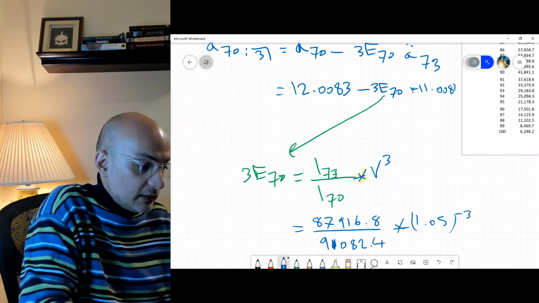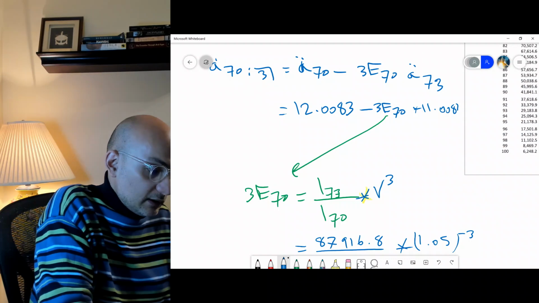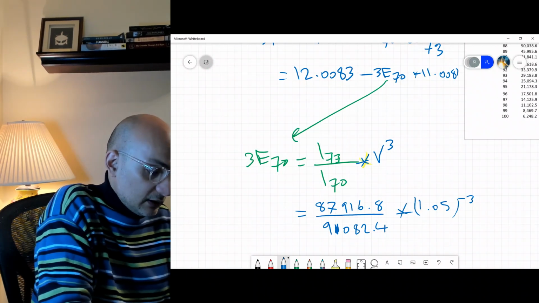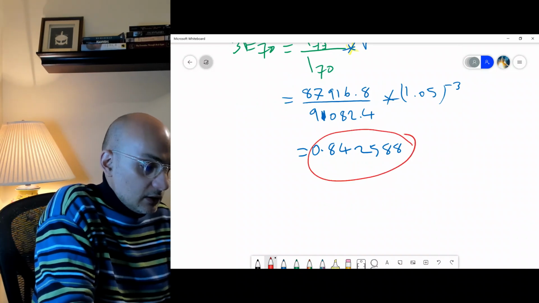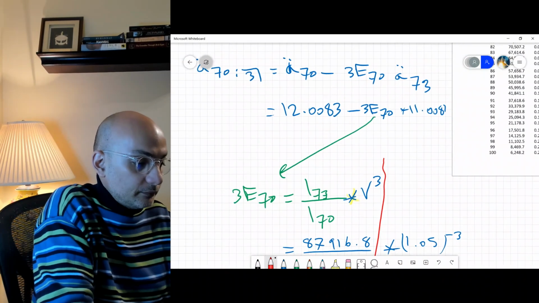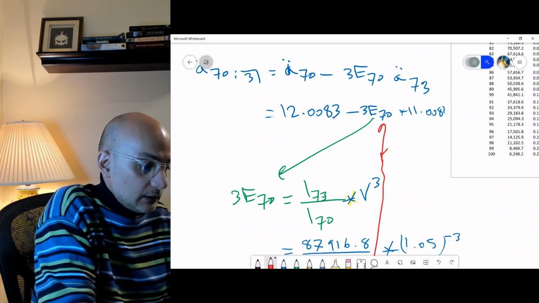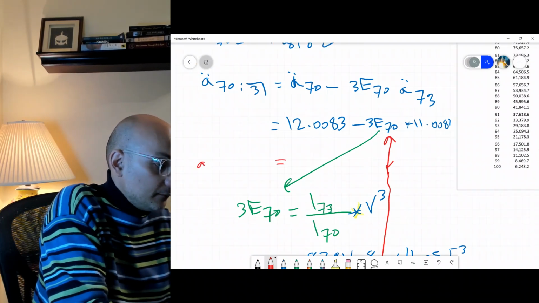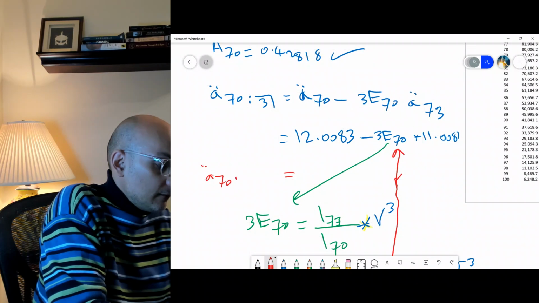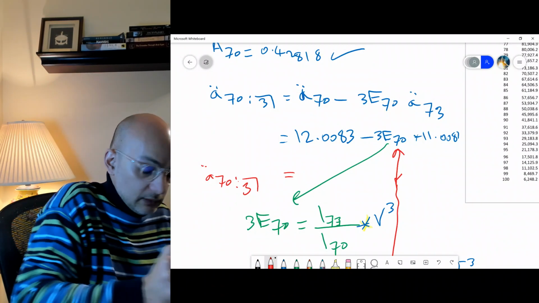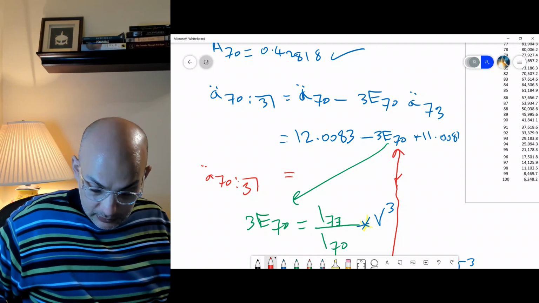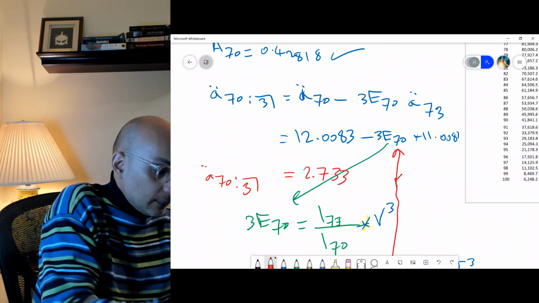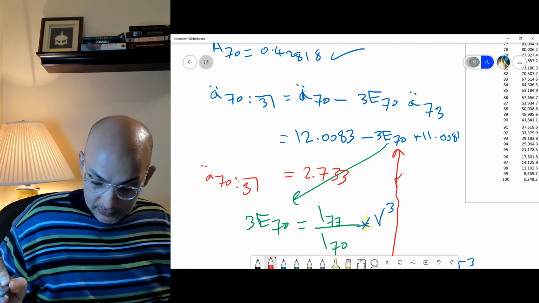So this is the 3E70. If you multiply them all together, then you plug it in here. Now you get this equation here, the number we got here. You plug it back here and you do the multiplications. Then the answer for A73 is you will get 12.7. This is what I got.